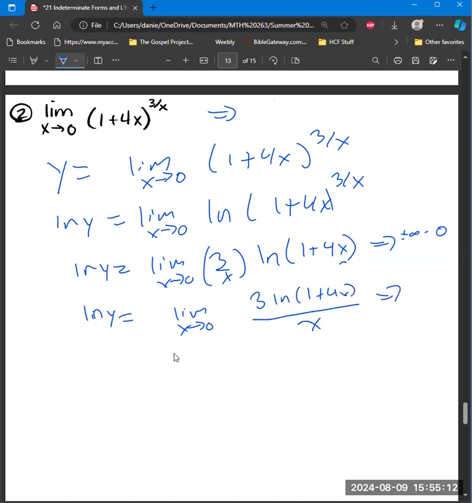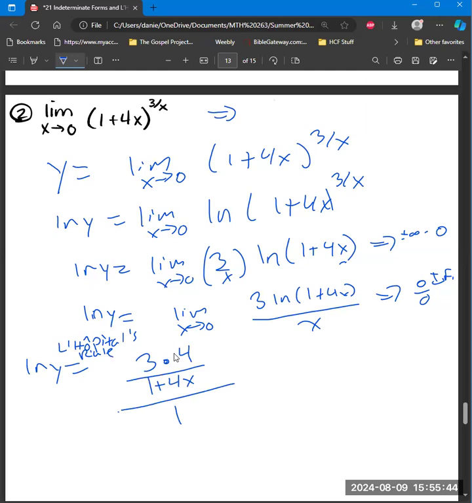Now that can be written as 0 over 0, which is an indeterminate form where I can apply L'Hopital's rule. And the constant multiplier just sits there. We differentiate a log by 1 over the expression inside the log times the derivative of what's on the inside up there. This is over 1.